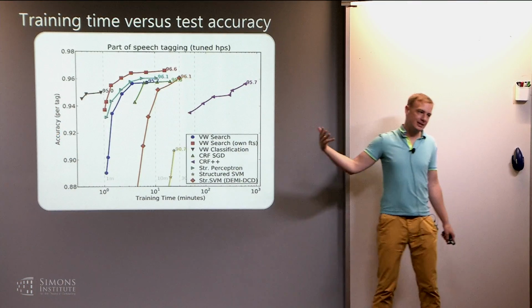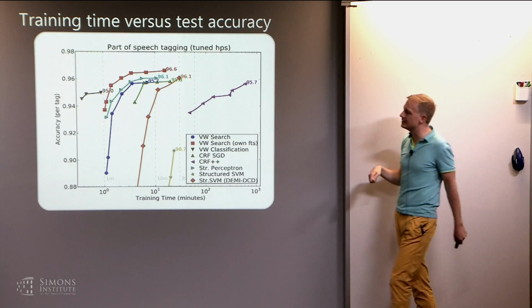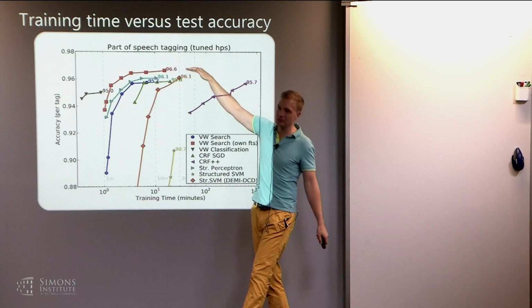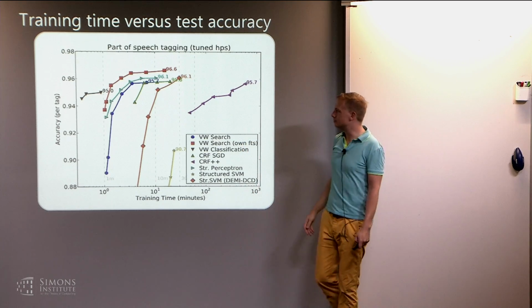So I think the main result here was that we get something that trains super fast because we don't have to do like belief propagation or dynamic programming at training time. And it also works really well because it learns to sort of recover from its own errors.